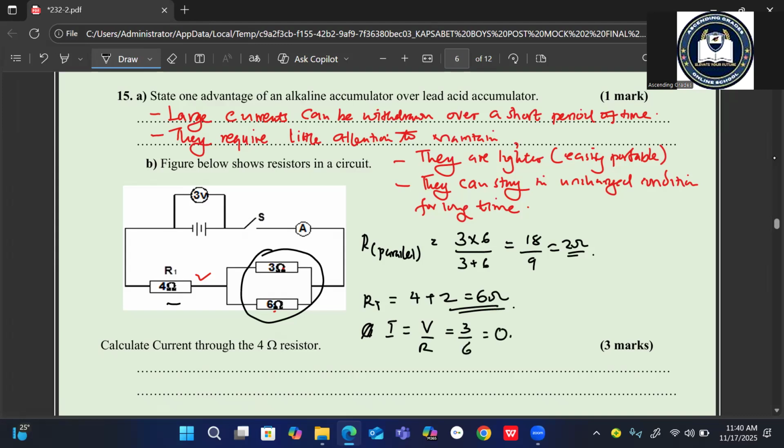You get 0.5 amperes. So this will be the current through the 4 ohm resistor. And in combination, the 3 ohm and the 6 ohm are going to share the 0.5 amperes current.